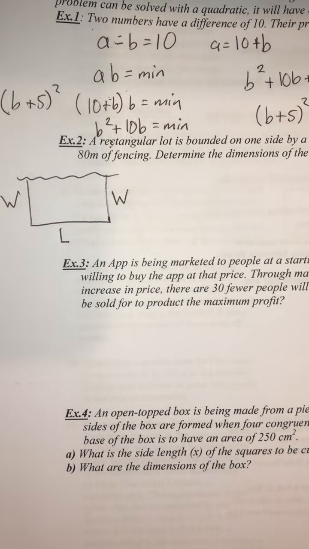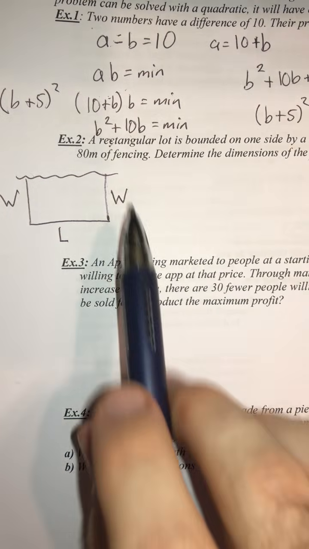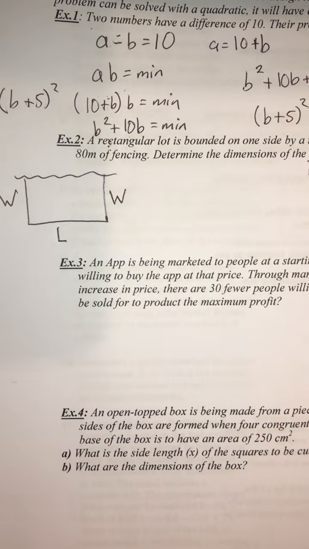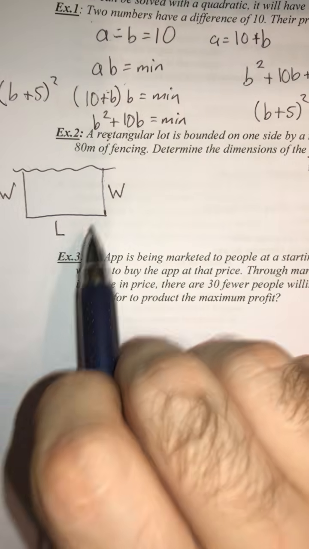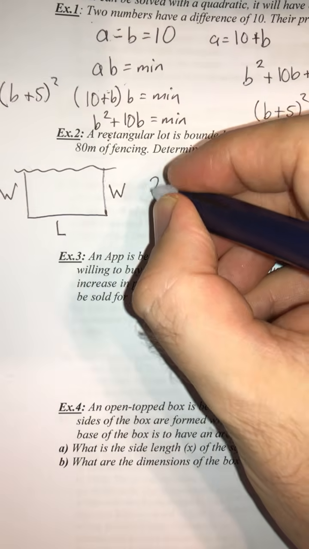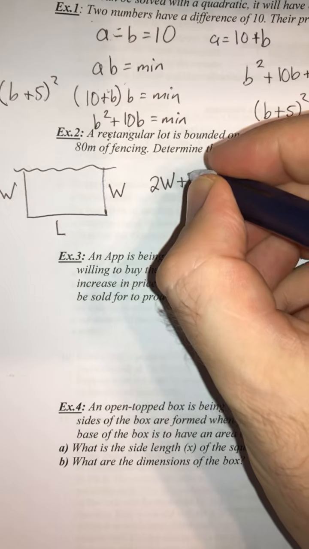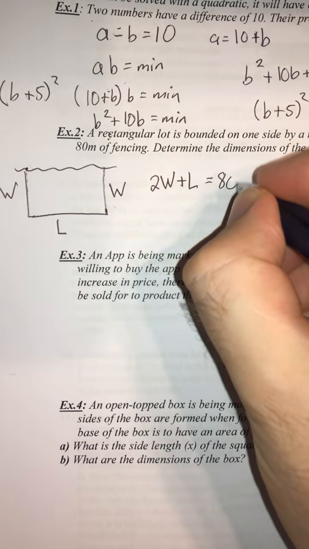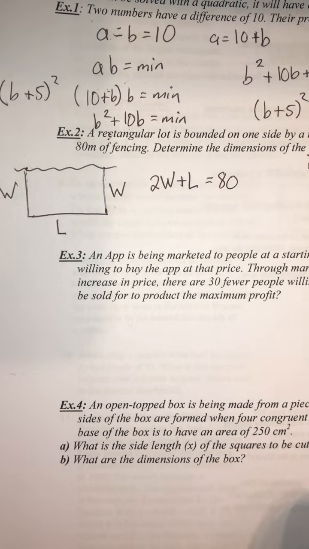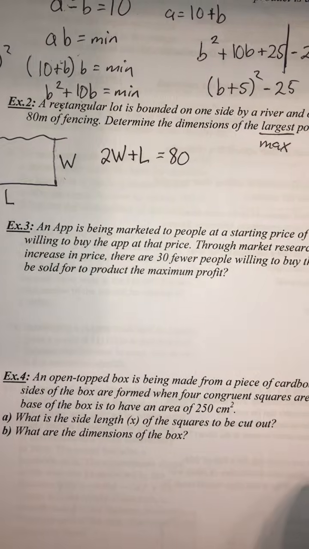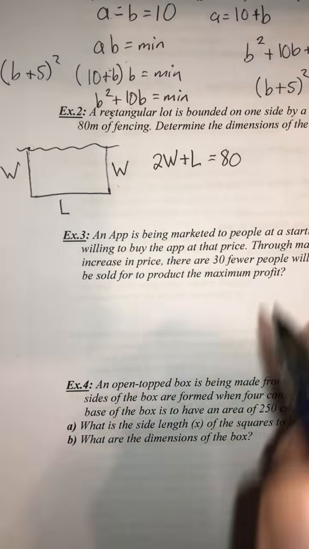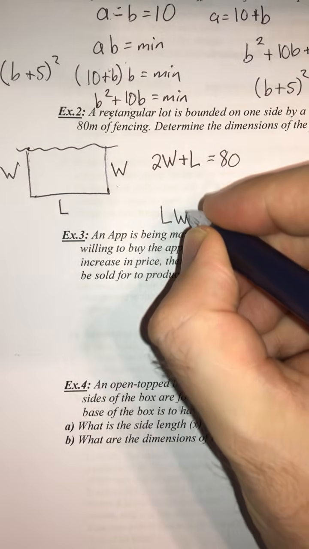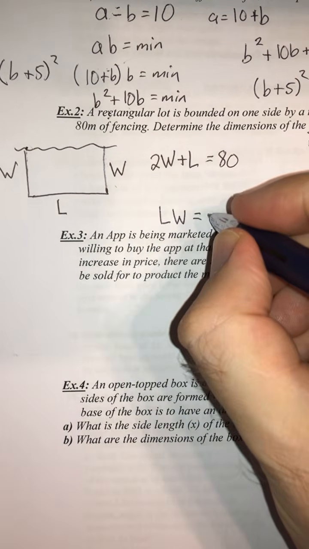Could have switched that, doesn't really matter. But from this, I can make two equations. I know that 2 times W plus L, so the length of these sides, is equal to 80, because we're told that equals 80 meters of fencing. And we know that my length times my width is going to equal a max.